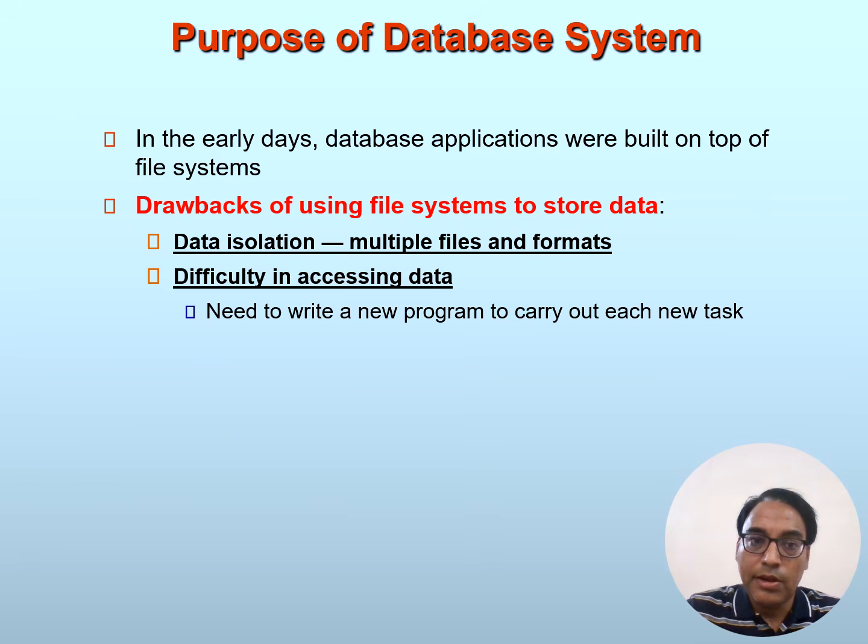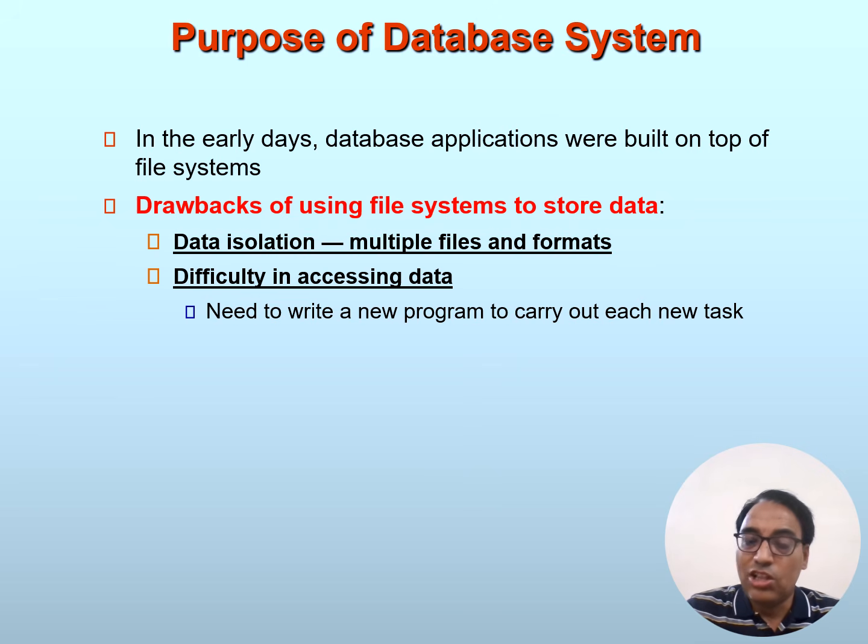Alright. So what are the major purposes of database systems? The database systems are built on top of file systems just to store the data properly and get it retrieved whenever it is needed, so that we need not waste too much time in searching or getting the required results.